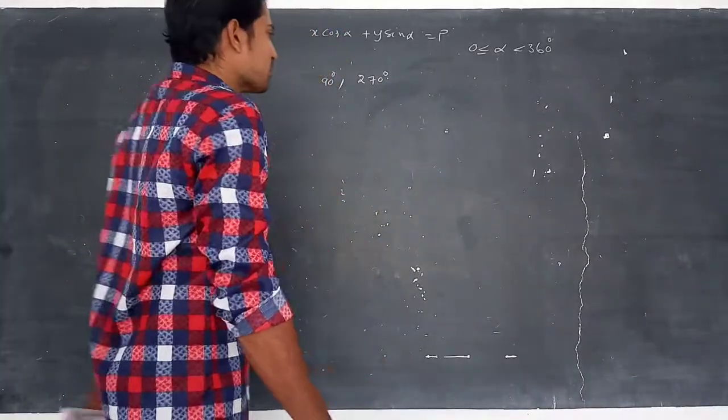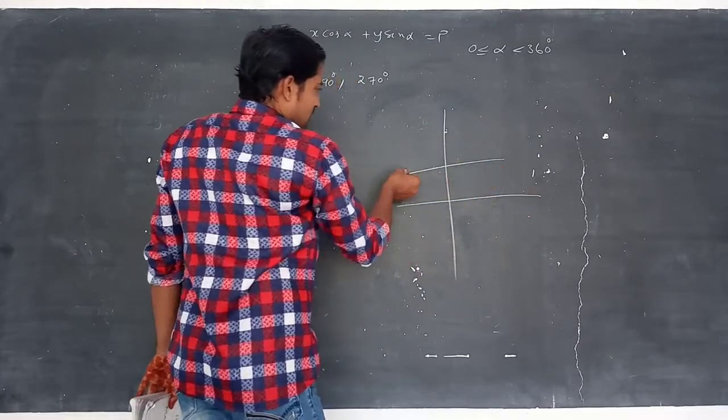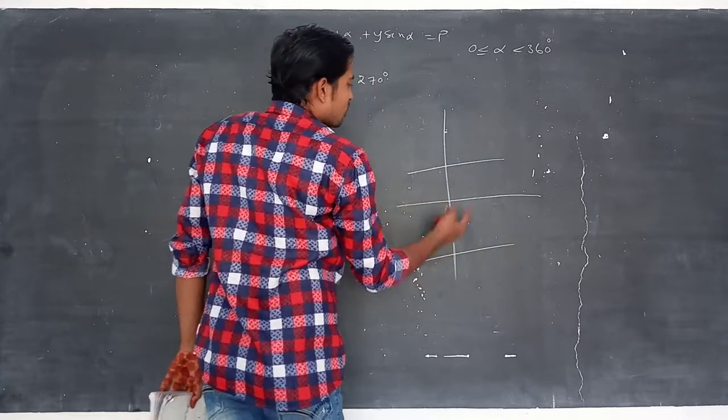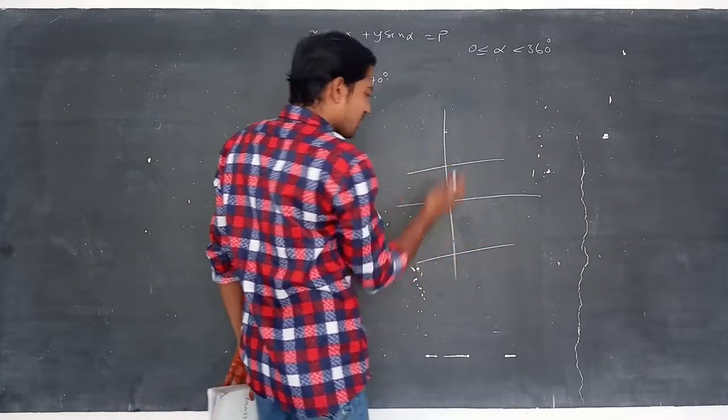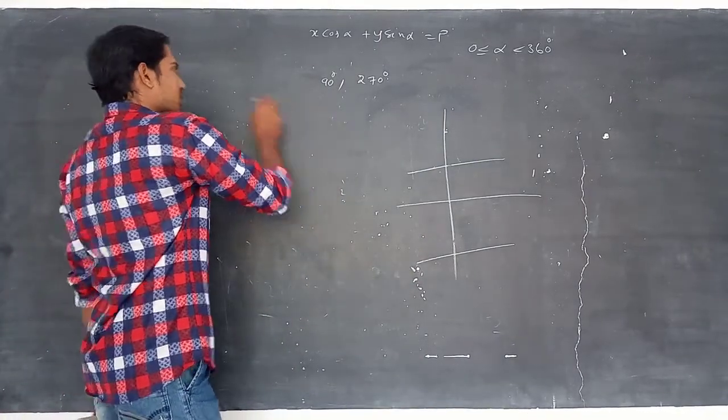When the line becomes a horizontal line, alpha is 90 degrees, otherwise 270 degrees. This is 90 degrees, this is 270 degrees.